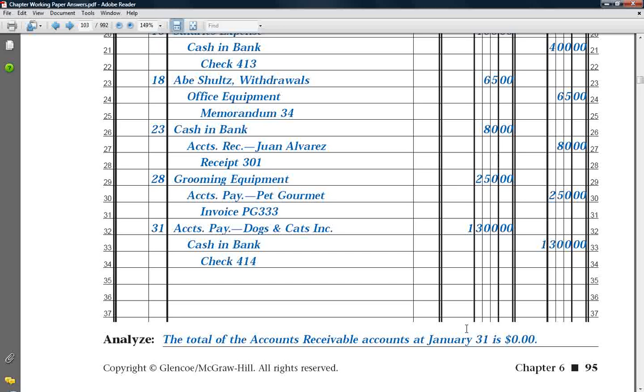So as soon as we write a check, we know it's crediting cash in bank, decreasing the asset, cash in bank, $1,300. Why did I write that check? Because I'm decreasing the liability. Accounts payable, Dogs and Cats, is debited, $1,300. Credit cash in bank, $1,300. And my source document is check 414. And the total of the accounts receivable accounts on January 31st is 0.